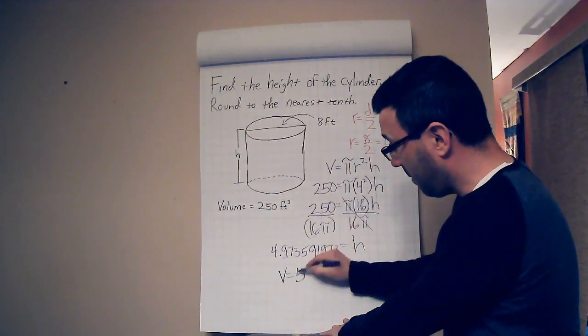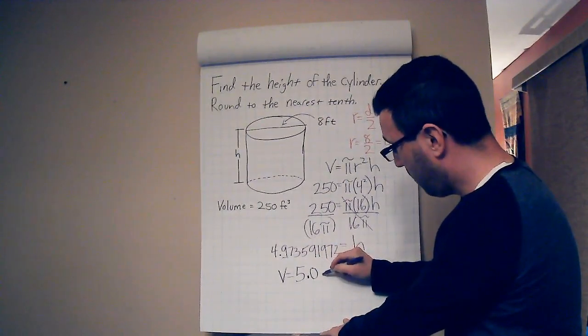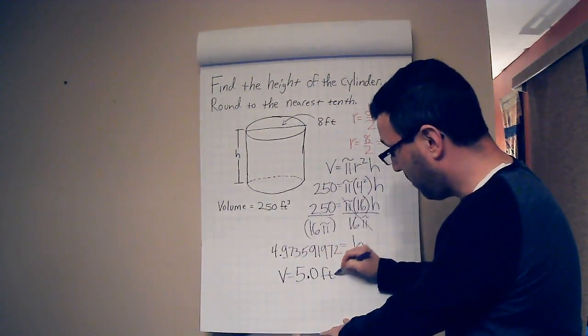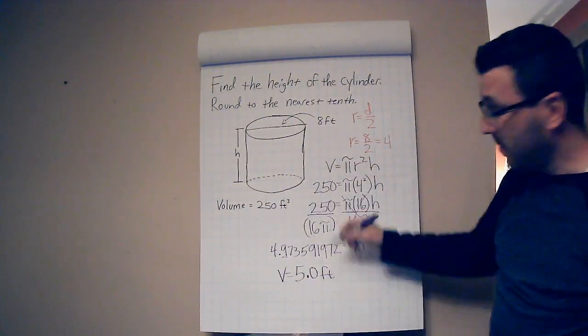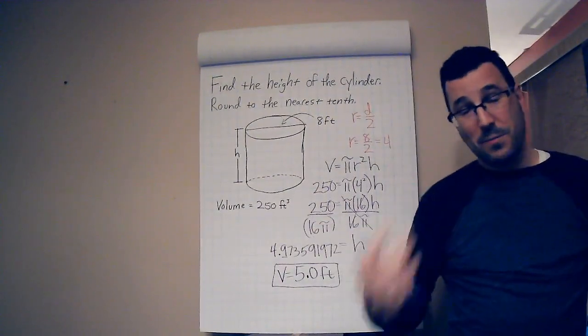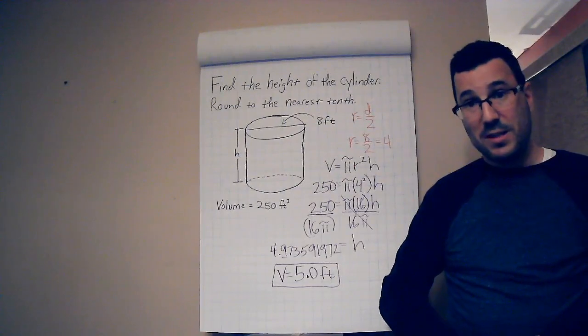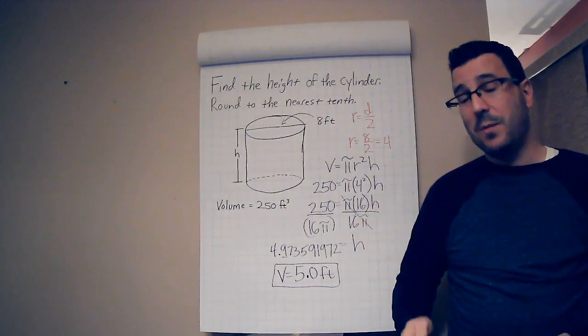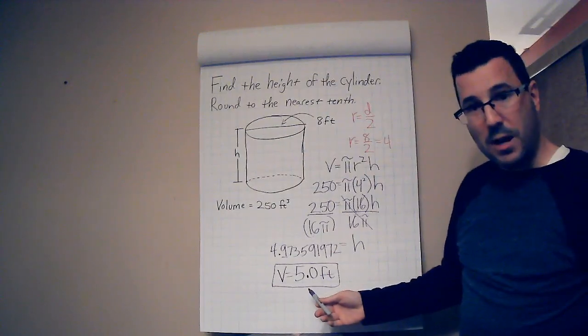This rounds up to 5.0 feet, because we had cubic feet, so this is feet. Okay? It is actually important that whenever something says round to the nearest and gives you a decimal place, you have something in that spot, even if it's just a 0. Okay? So that's what we got here.